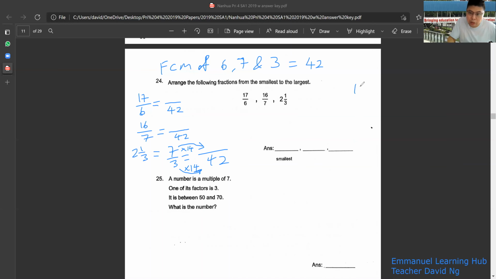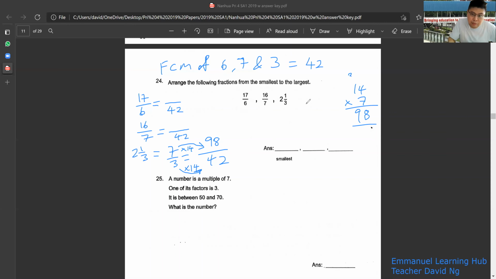Then you do a quick multiplication. This one is how many? Can you tell me? 28. Then after that, 98. Yeah. So this is 98.